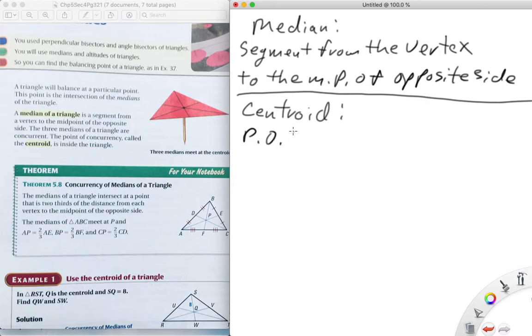Point of concurrency of the medians of the triangle. And remember, the point of concurrency is where three or more lines meet. In this case, three or more medians.